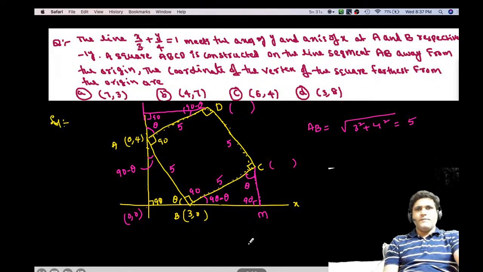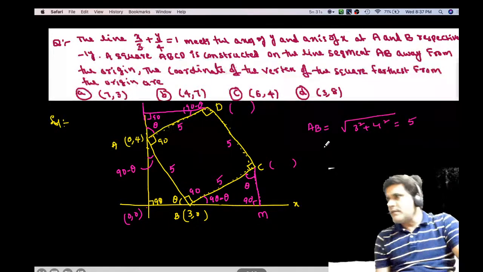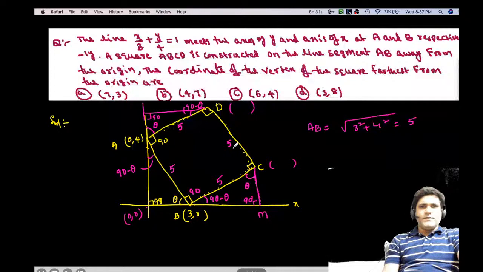This is the construction. So from this construction, we need to find the coordinates of C and coordinates of D. So how to find the coordinates of C and D? This distance is 3 units. We need this distance, BM distance. To find BM distance, we will use this right angle triangle.